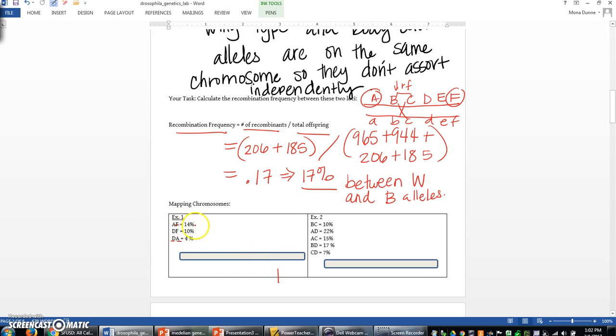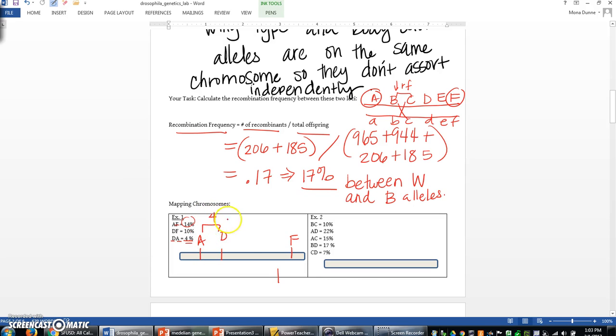So it looks like A to F has the greatest frequency of crossover. So I'm going to put those very far apart here, okay, because the crossover frequency is high. Now, if we compare D to F, that's 10%, and A to D is 4%. So A and D should be very close together because it's pretty rare that the crossover happens there.